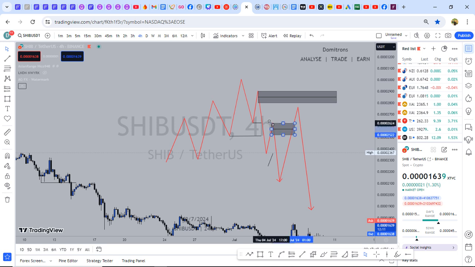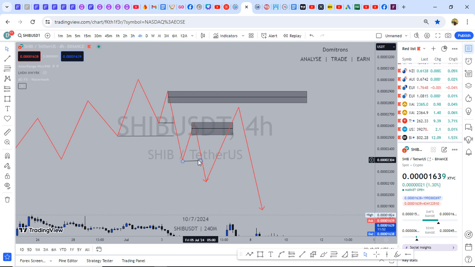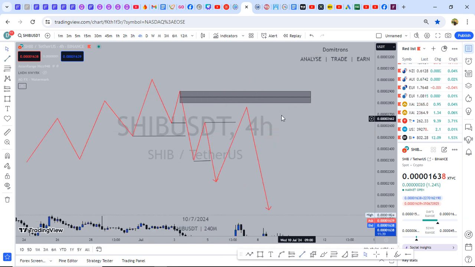This one, the smart money trap, is not the structure that shifted a bullish trend to a bearish trend. It only did a break of structure, did not change character, did not break market structure. This did not break a bullish trend, so it's referred to as a smart money trap.